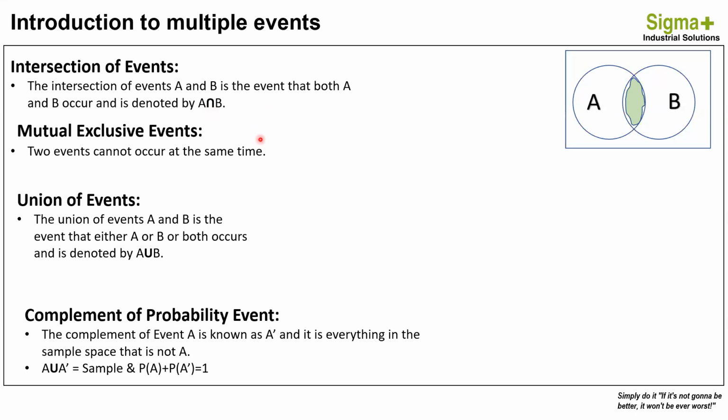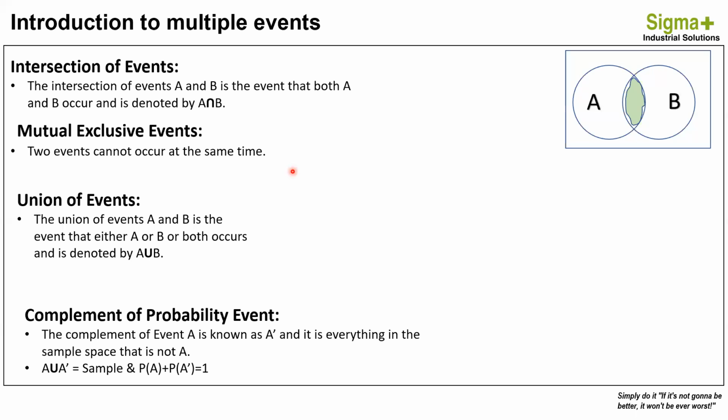Okay, so two events are known to be mutually exclusive on one condition, that they can never occur at the same time. Let me give you an example. Imagine that you're flipping a coin, and the coin has a tail and a head, right? It's impossible that when you flip a coin you will have the head and the tail at the same time, right?